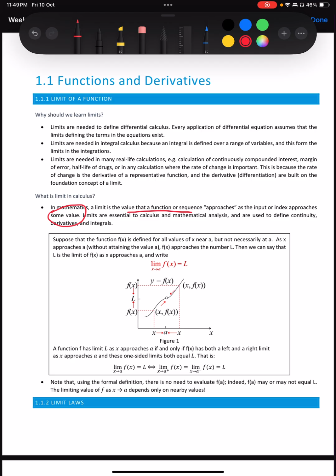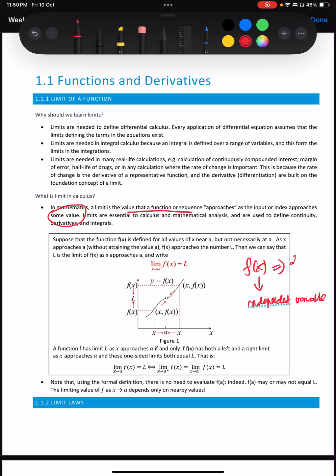If you look at this graph behind here in figure 1, let's say the graph is a function of f(x). When I say the graph is a function of f(x), it means that x is the independent variable, because as x changes, f will change.